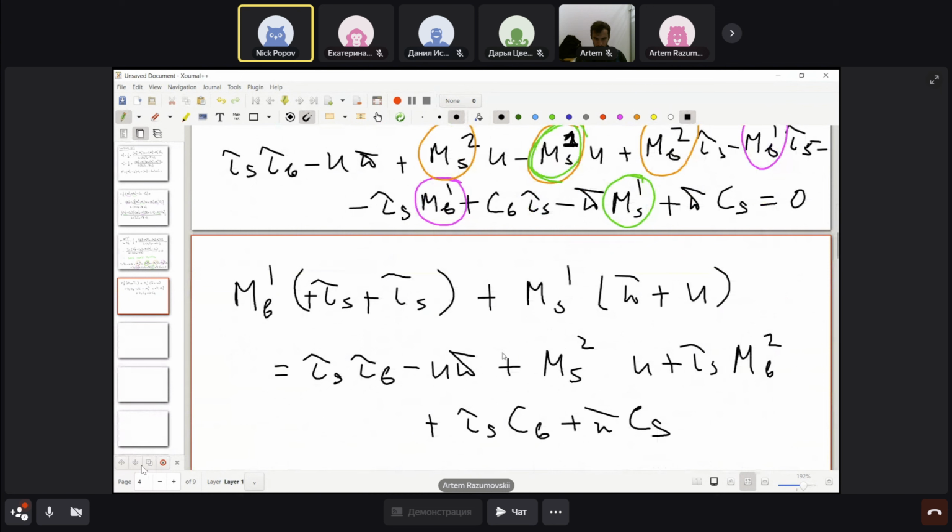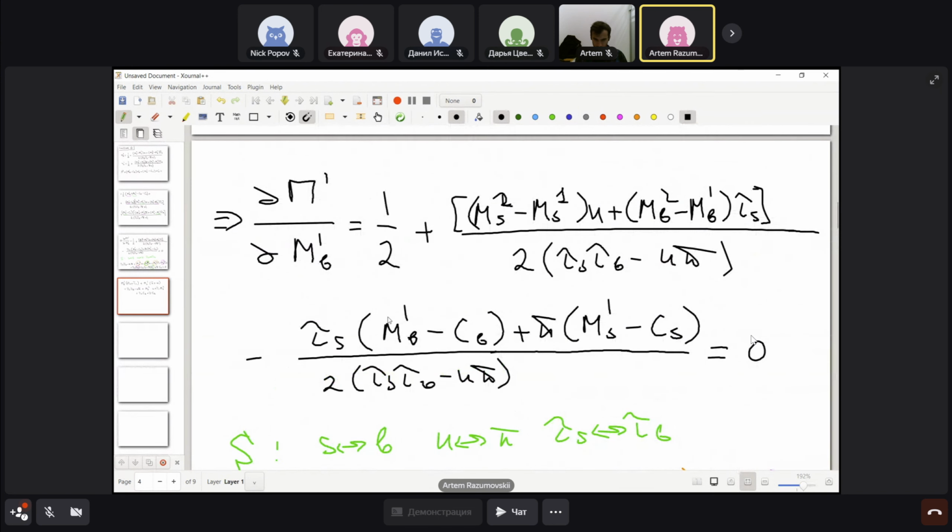Yes, it was some kind of glitch. Okay. So something is lost a bit here. So they have for buyers tau s and tau s here, but we have the same opposite, and I have opposite here.